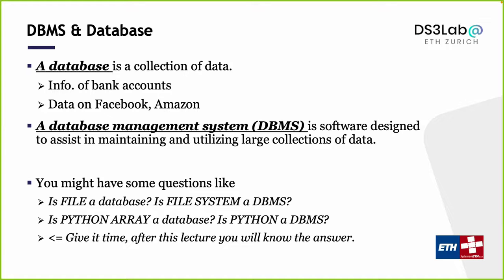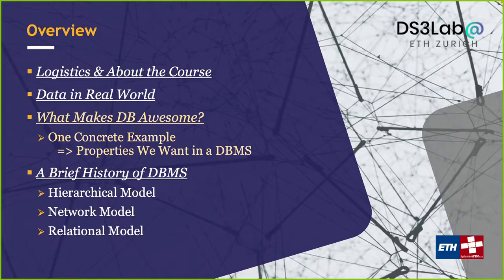We want more properties, more functionality from a database management system, in addition to just getting access to my data. So now let's think a little bit more about all the properties that we want from a database management system.